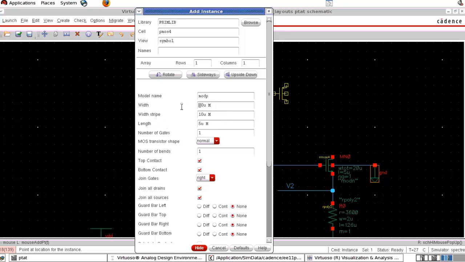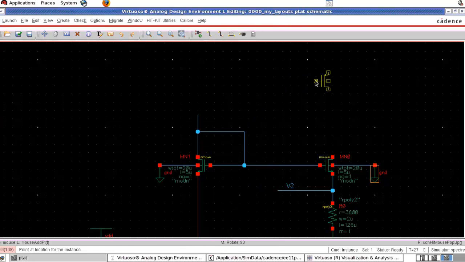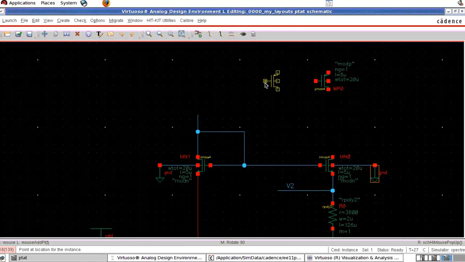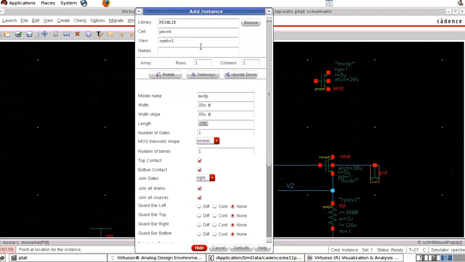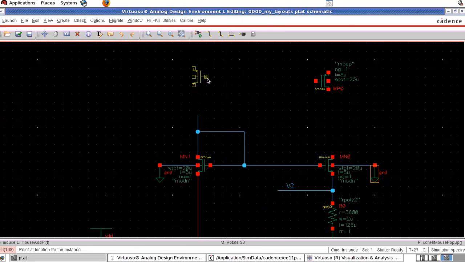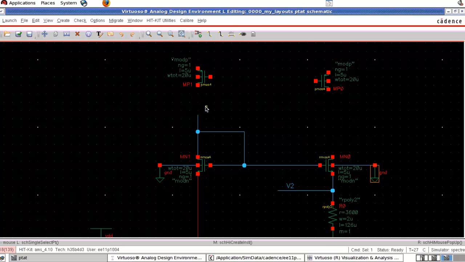I am using the same dimension. You can have different dimensions also. Actually, the dimension of the current mirror MOSFET is not directly related to the current. Current is determined by the resistor that we already designed. So this current mirror is just to ensure that equal current is flowing through the branches. So the current mirror size has nothing to do with the current.